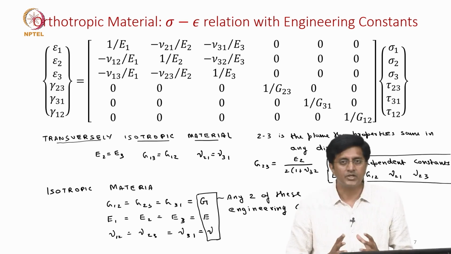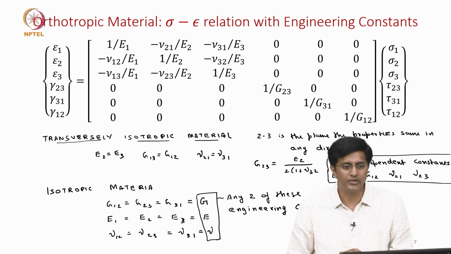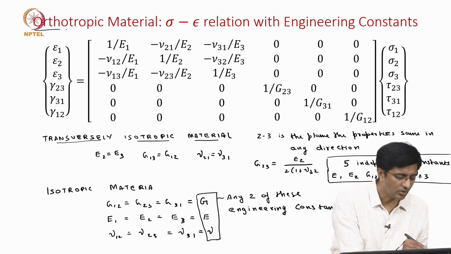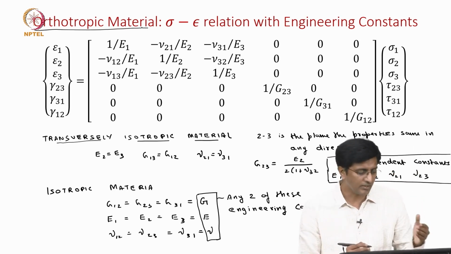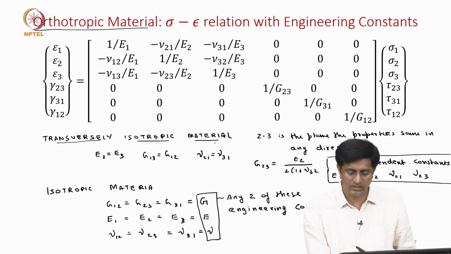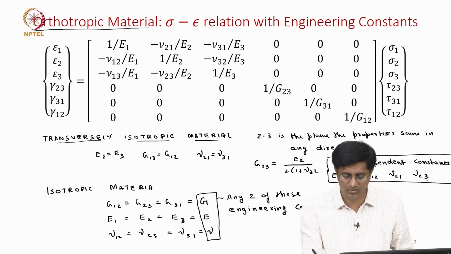In summary, what we have seen in this video is that we are able to write the stiffness components and the compliance components in terms of the 9 engineering constants to start with for the orthotropic material. Later, when we move to the transversely isotropic material, these engineering constants reduce to 5, shown here: E1, E2, G12 and 2 Poisson ratios, nu 12 and nu 23.